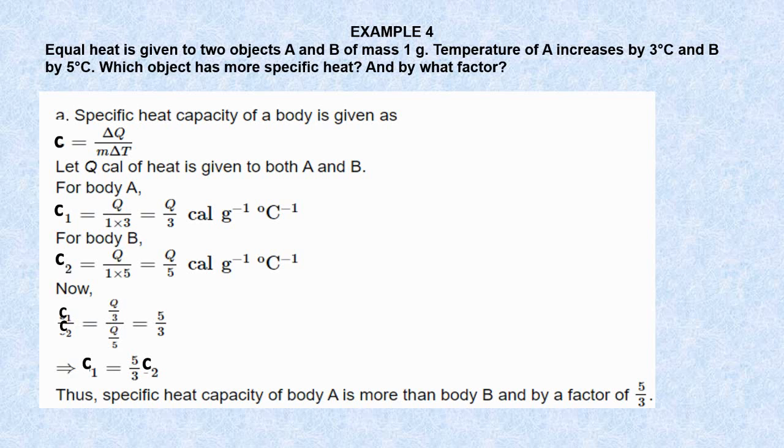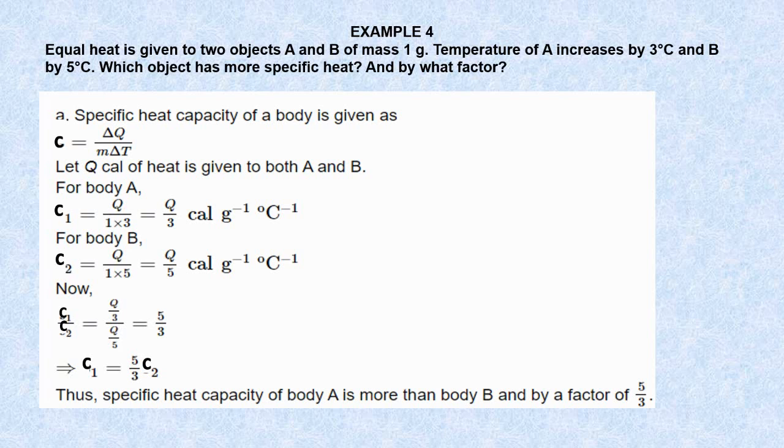Example 4. Equal heat is given to two objects A and B of mass 1 gram. Temperature of A increases by 3 degrees Celsius and B by 5 degrees Celsius. Which object has more specific heat and by what factor? So over here there are two objects, object A and object B, each of mass 1 gram.